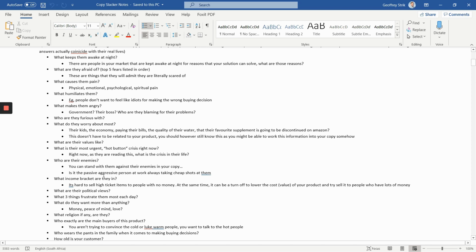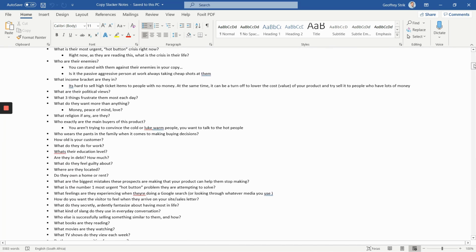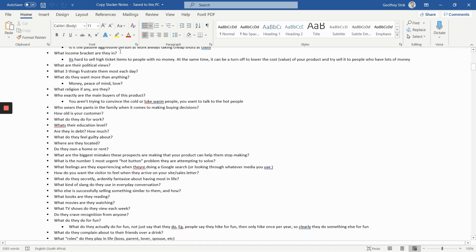What income brackets are they in? It's hard to sell high-ticket items to people with no money. At the same time, it can be a turn-off to lower the cost or value of your product to try and sell it to people who have lots of money. This also, I suppose, comes down to the branding of your product. As we know, there are many products that cost far less to produce than they charge retail for.